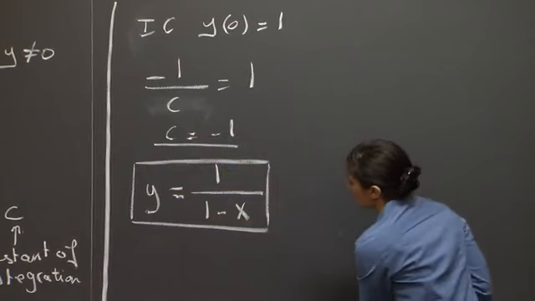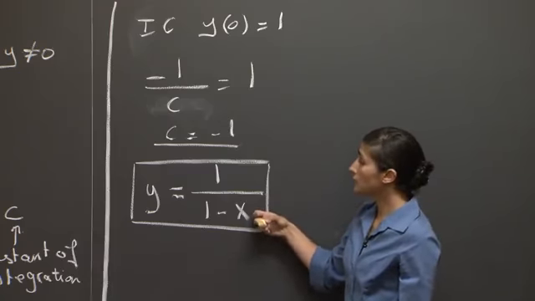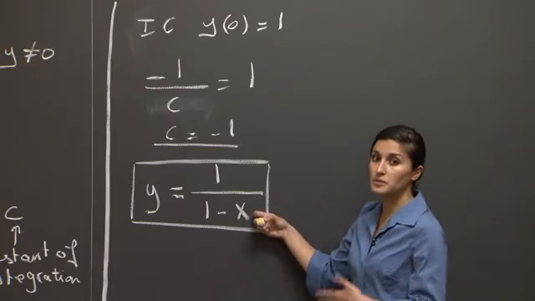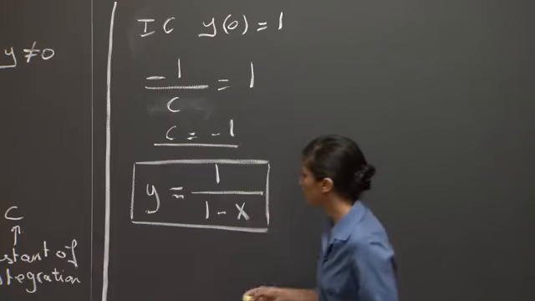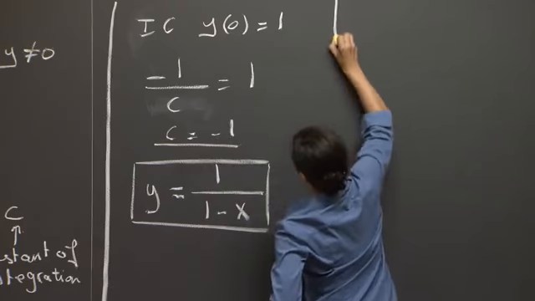If you examine this expression, you see right away that we have a problem for x equals 1. Because at x equals 1, we have a 1 over 0, which means that the solution blows up, and we have a vertical asymptote. So let me draw this here.